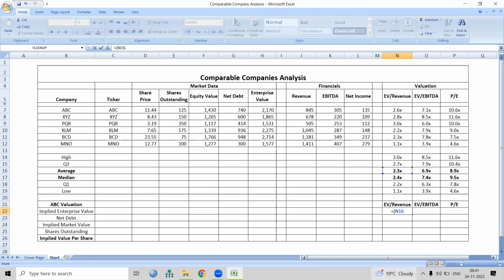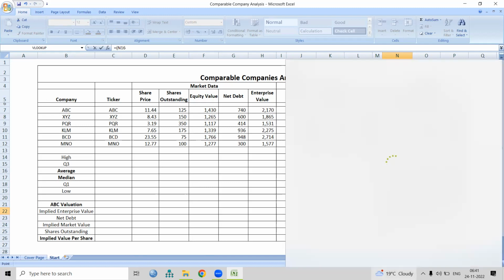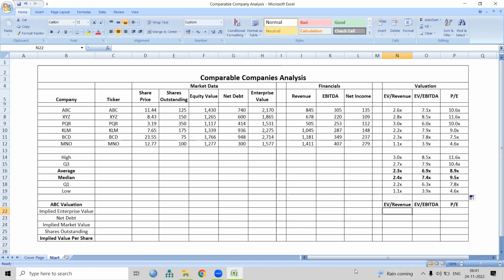Revenue parameter is 2.366. That's the average value. It says that 2.36 times of the revenue is considered the value of the company, the value of the firm. So we have the revenue multiple 2.366 that is mentioned in the N6 reference cell.